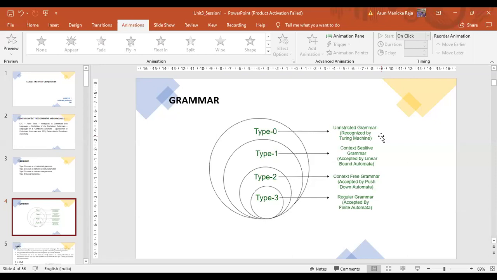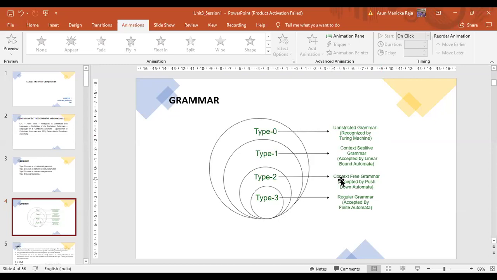And type 2 is context free grammar, which is accepted by the push down automata. We can design a system with the help of push down automata. And type 3 is accepted by finite automata. Already we have studied regular grammar and regular expression in the second unit, and that is accepted by the finite automata.